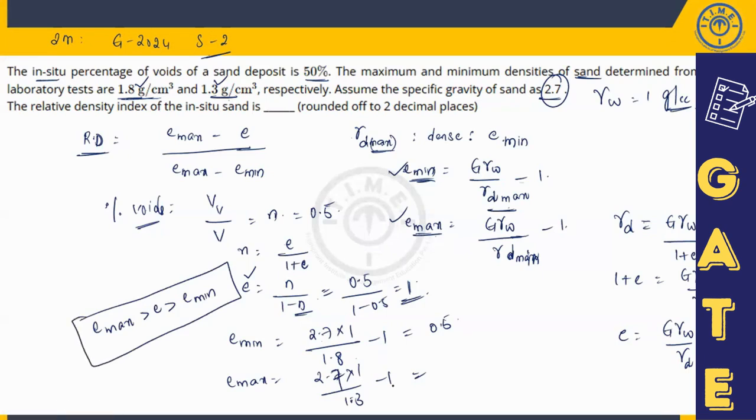So 2.7 by 1.3, what exactly is the answer? 1.076. Very good. That means I can round it to 1.1 also.